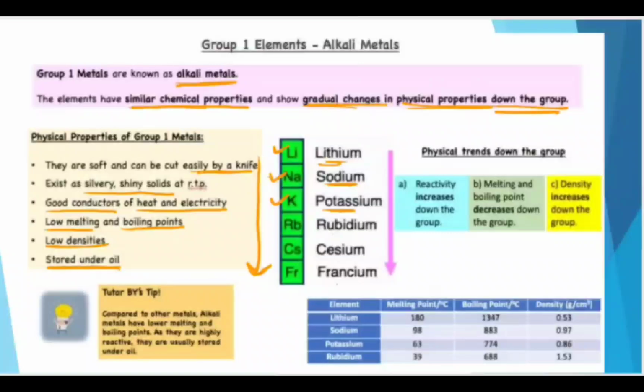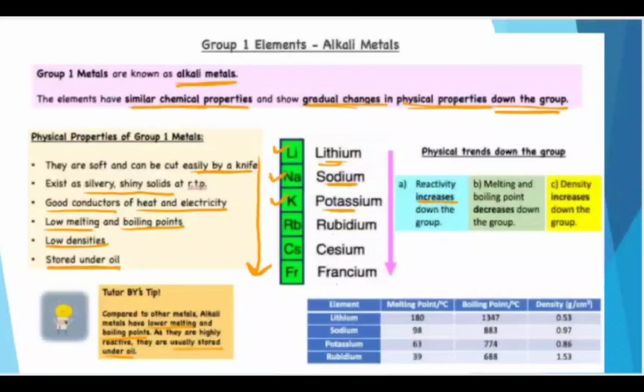Compared to other metals, alkali metals have a lower melting point and boiling point. As they are highly reactive, they are usually stored under oil. Then what about the physical trends down the group? Now reactivity increases.